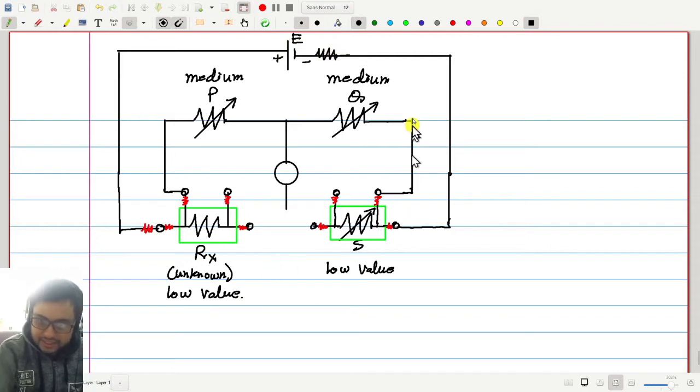No problem. In the same way, these two resistances you can also again think as a part of this resistance. So they are not going to cause any problem when I write the Wheatstone bridge balance equation. Next, this resistance and this resistance, these two are in series with P. So you can think that this is being added to P, but P is a relatively larger resistance compared to this junction resistance.